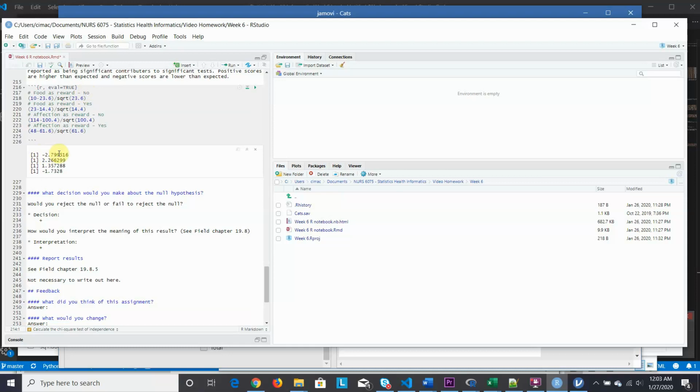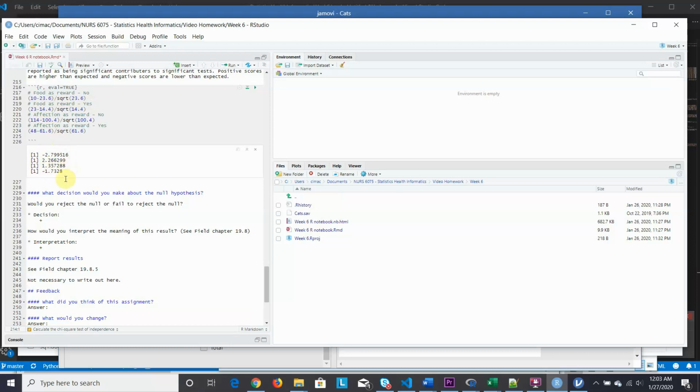With any standardized score, we're always looking for that magic number of 2. On z-scores, if something is much beyond 2, it becomes an outlier, and it's kind of an atypical score. So this standardized residual is negative 2.8. That means it's a good bit lower than we would expect. And when we look at food as a reward and dancing yes, we see it's positive 2.26, so that's larger than we expected. These standardized residuals are less than 2, so they're not too extreme.